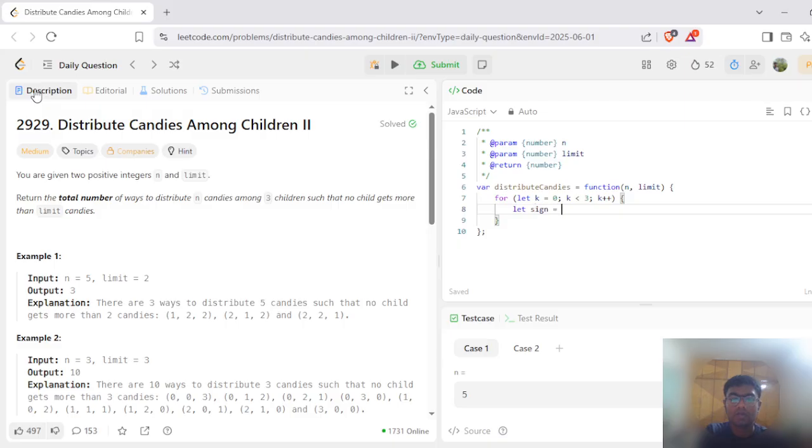And this is with respect to the sign which gets calculated for the children, the a b c values that we saw in the formula with alternating plus and minus signs.